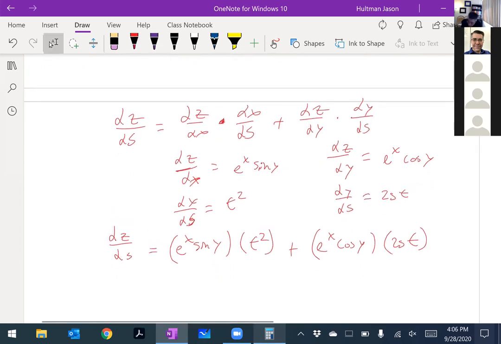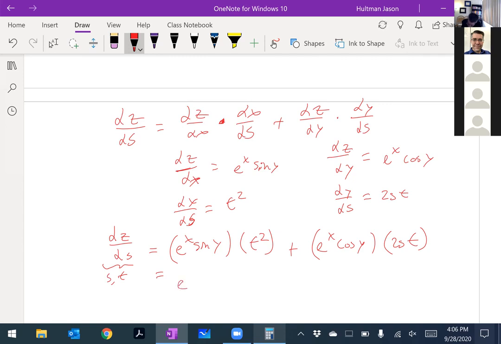Now I don't want 4 variables here, I only want 2. I want dz ds in terms of s and t. Well, I already know what x and y are in terms of s and t. That's the parameterization. So what was x?